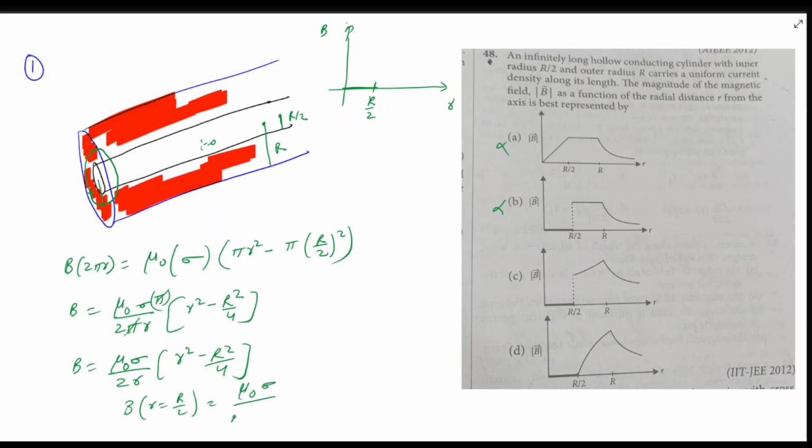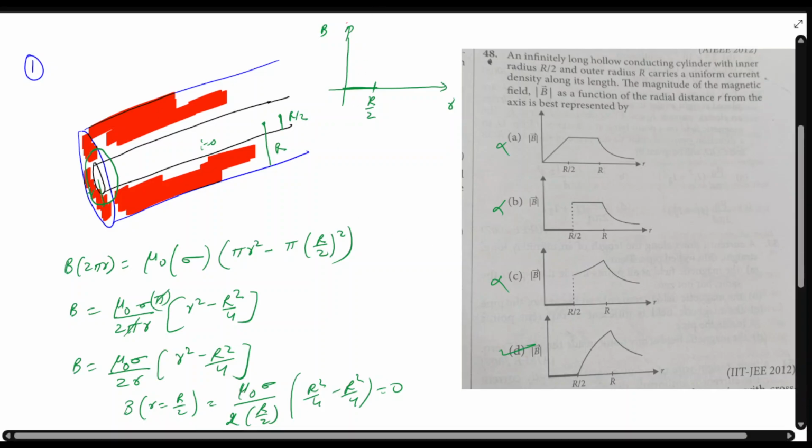This will be sigma by 2 R by 2 times R square by 4 minus R square by 4, so this will be 0. Look, this graph is starting from this point, so it's saying that just after R by 2 there will be magnetic field, but our equation says there will not be any magnetic field. So D is correct, C is wrong.